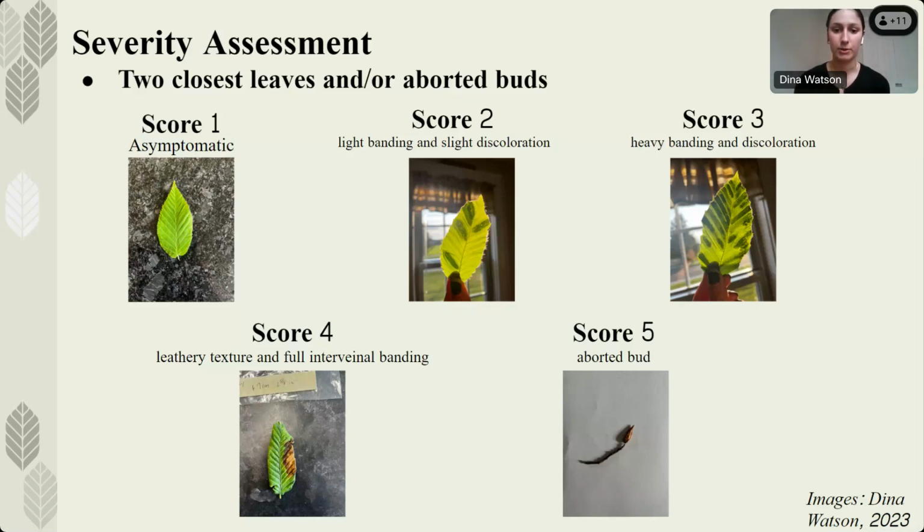A leaf would score a number 2 if there was only light intervenial banding and slight discoloration. A leaf would score a number 3 if that banding was more heavy and covered more than half of the leaf. A leaf would score a number 4 if it had that crinkling and leathery texture and was smaller than its healthy size. And then the most severe symptom expression would be a score number 5, which would be the aborted bud.